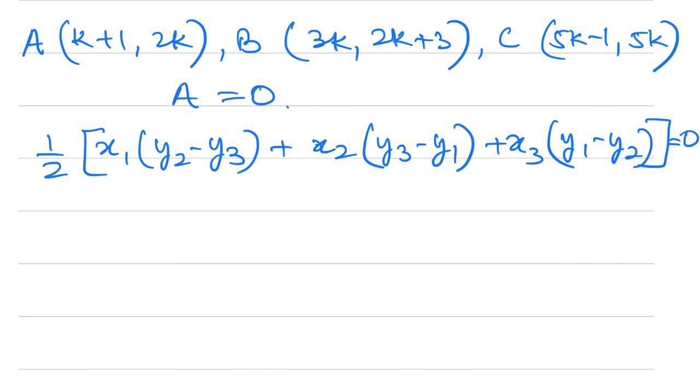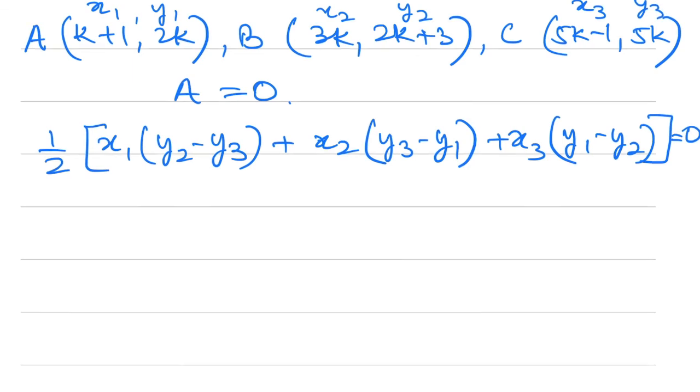Let's take the coordinates of A as x1, y1, for B x2, y2, and for C x3, y3. Let's substitute the values here. Half will go on the right hand side and it will also become 0.